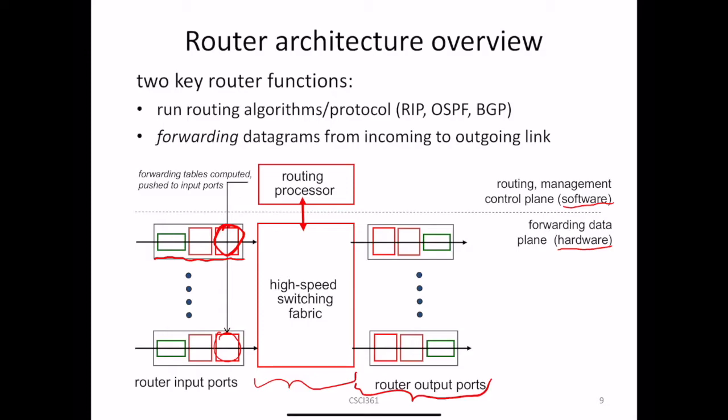All these input ports share the function of this high-speed switching fabric. So that means the high-speed switching fabric will serve all the router input ports and also provide the input for all the router output ports.